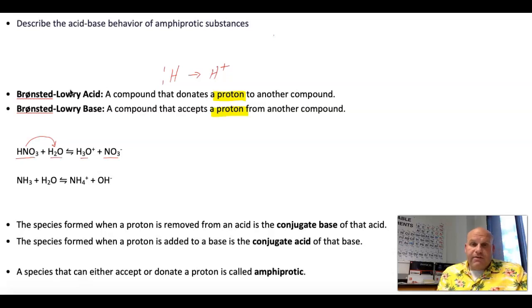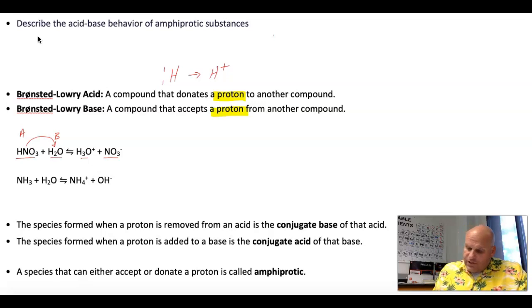So in terms of our definition, the Bronsted-Lowry acid would be the HNO3, the thing that donated the hydrogen, and the base would be the water, the compound that accepted the hydrogen. Now take a look at this next reaction and see if you can identify the Bronsted-Lowry acid and base.